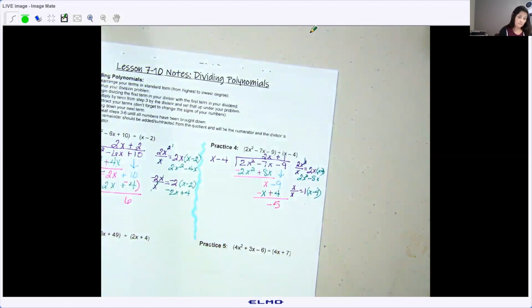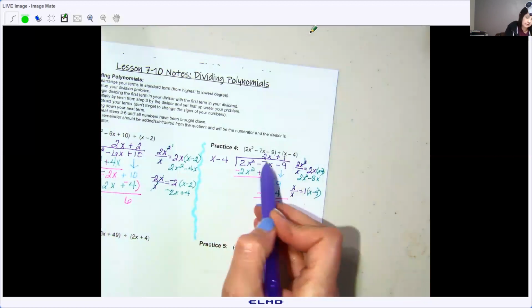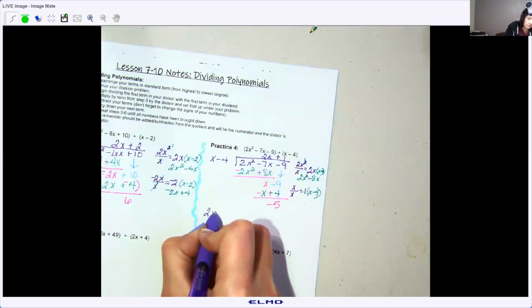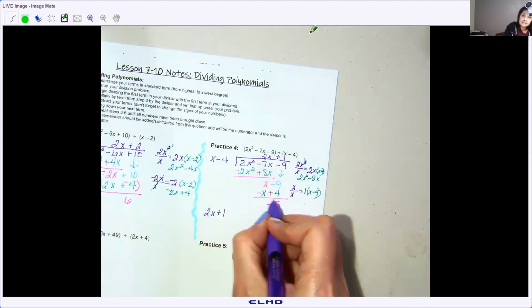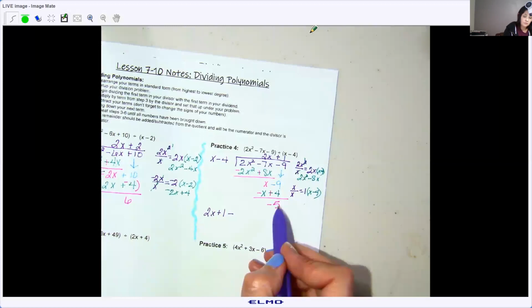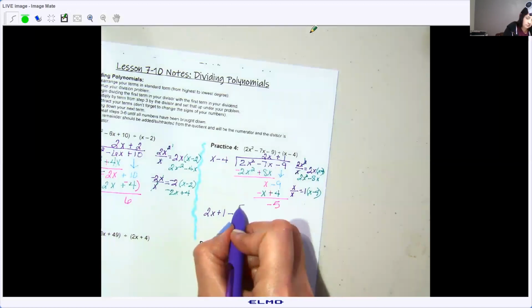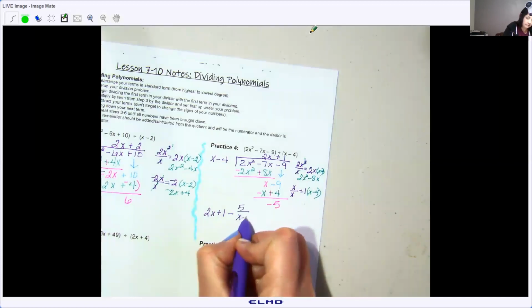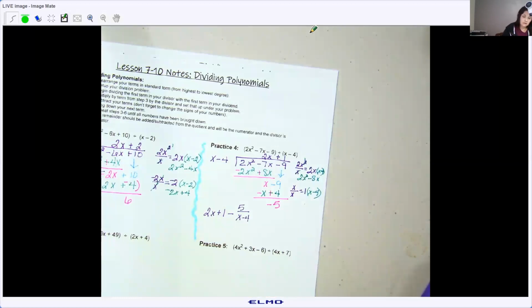So I'm done because I've divided every term. So I take my quotient up here, 2x plus 1. And since this is a negative 5, I'm going to be minusing. And then I put 5 over x minus 4. And that is my answer.